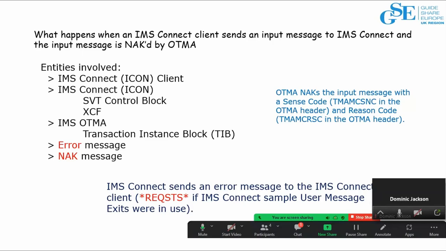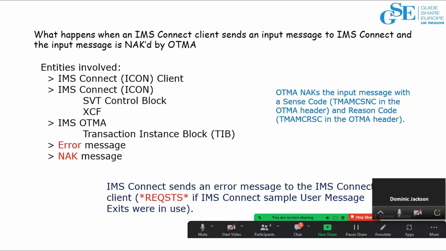And IMS Connect will then send out the input message to IMS OTMA through cross-system coupling facility, XCF, right? And then OTMA, after receiving the input message, starts processing it, but one or more errors could occur.